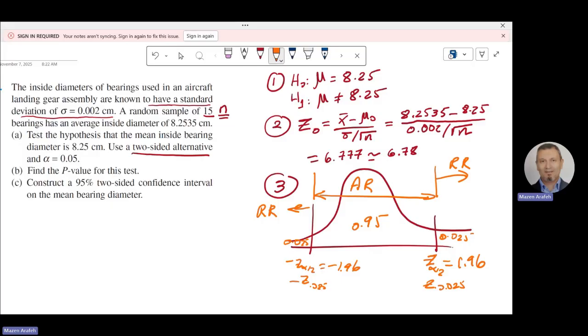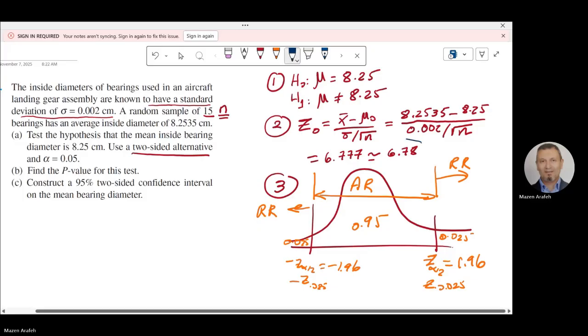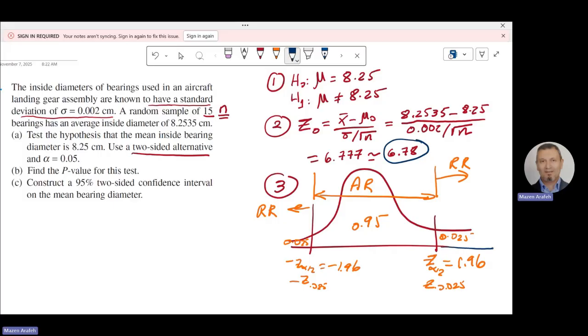Now, since our test statistic is equal to 6.78, it falls far in the rejection region here. Just to illustrate. So now, continue.